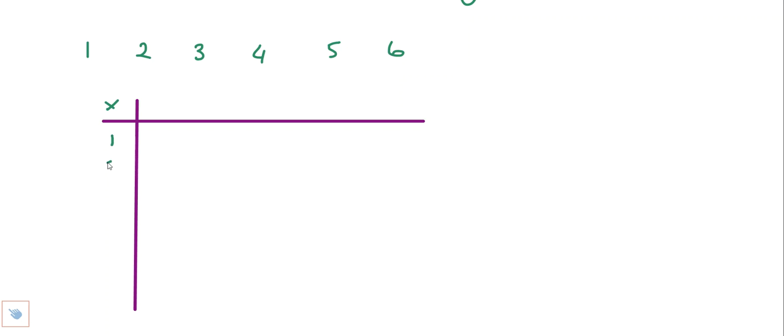So I could get a 1, 2, 3, 4, 5, 6 on one die, and a 1, 2, 3, 4, 5, 6 on the other. So what are my outcomes? 1, 2, 3, 4, 5, 6. Then 2, 4, 6, 8, 10, 12.